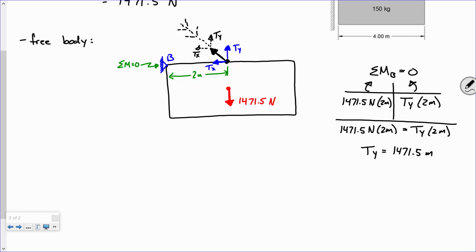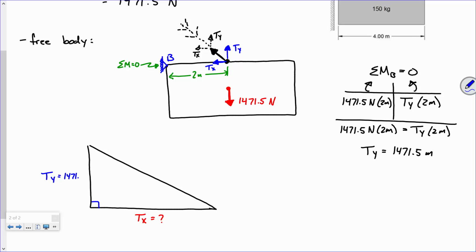So I'm going to draw a triangle. And this is a right triangle. Now I'm going to say that Tx equals some value. I don't know what that is. We know what Ty is. But what we're really after is the tension in that cable. How do we get that? We do a little bit of trig. Help me out.